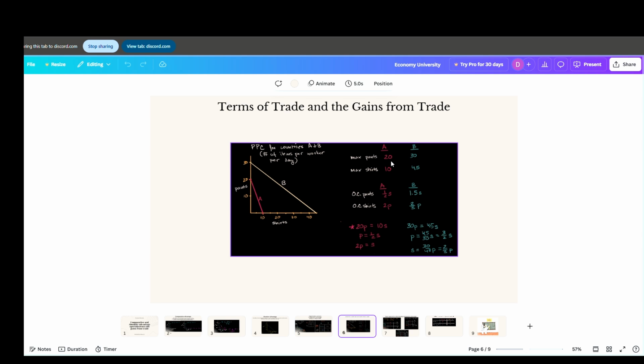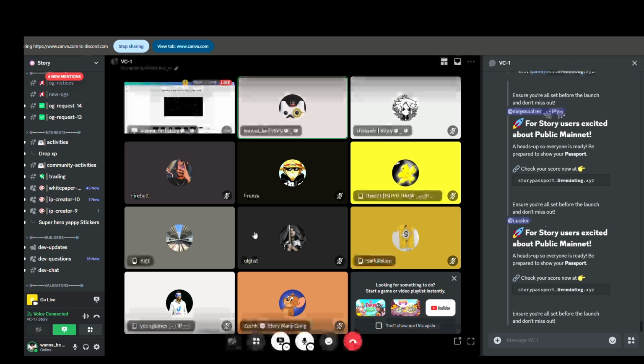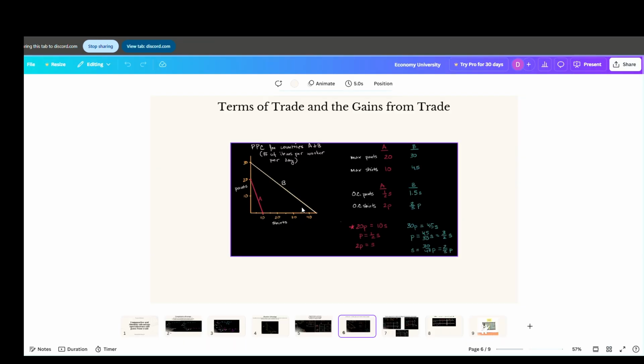And for country A, it's beneficial to trade for shirts with country B because the opportunity cost of shirts is very high for country A, and for country B it is lesser. So still, despite the fact that country B completely outperforms country A, for both of them, it's very beneficial to trade.